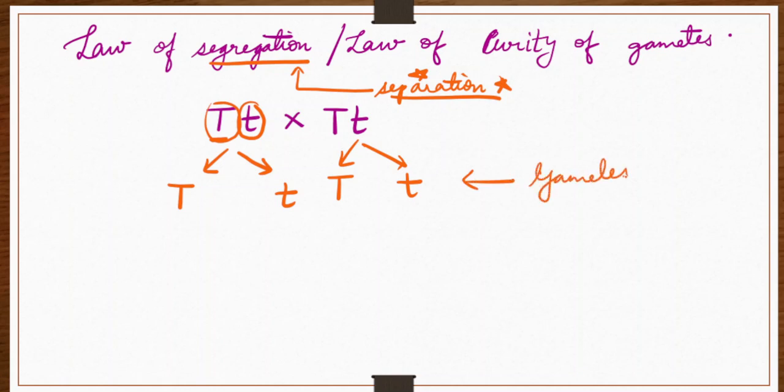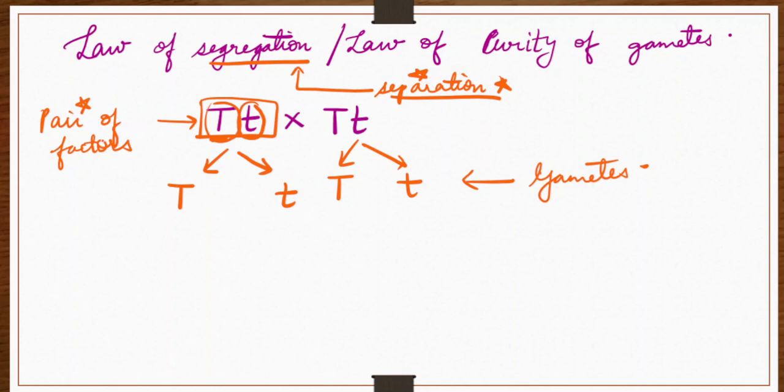If they are separating from each other, this is what is known as gamete formation. When there is a pair of factors, like here, this is the pair of factors. If there is a pair of factors, they will separate from each other and enter into gamete formation.